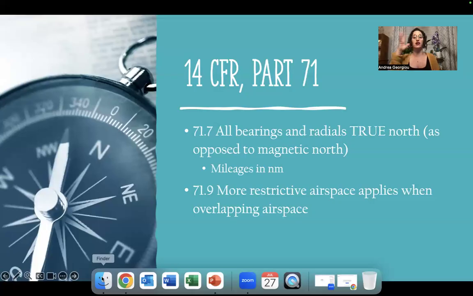So anytime we look at an aeronautical chart or a sectional, all those bearings and radials are going to be true north as opposed to magnetic north. And any distance that is posted, the mileages are going to be in nautical miles. And the other part from Part 71, let's look at 71.9, which talks about overlapping airspace designations.